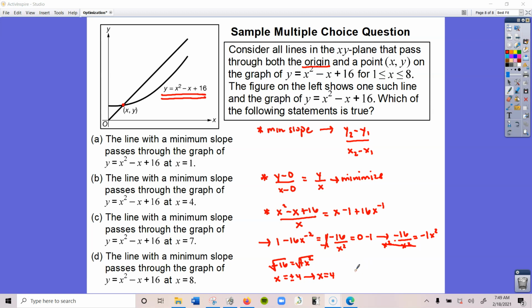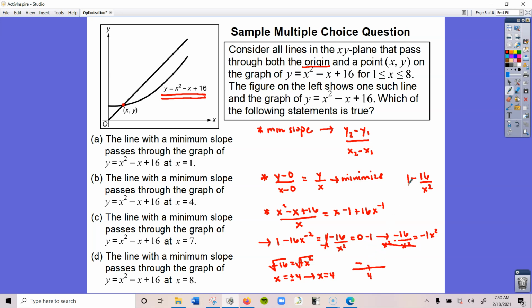Now we're just going to verify that this is indeed a minimum. So I have 4, and my derivative here was 1 minus 16 over x squared. So let's say I plug in 2. That would be 1 minus 16 over 4, which is 1 minus 4, so we get a negative.